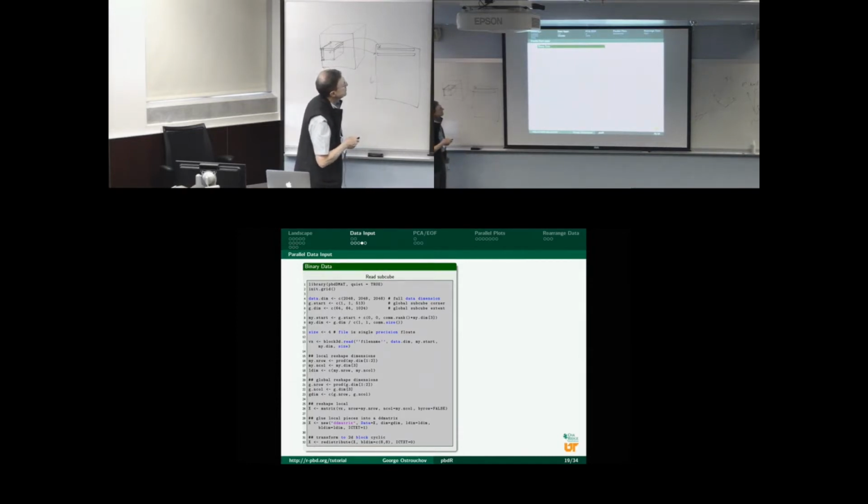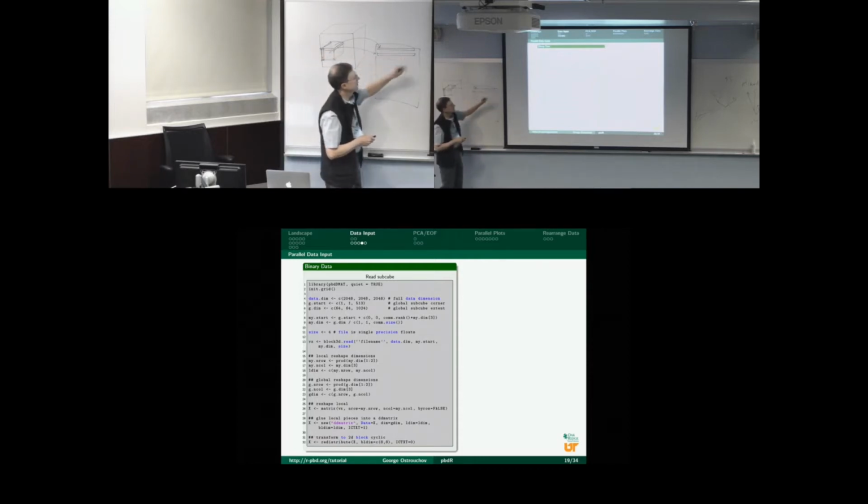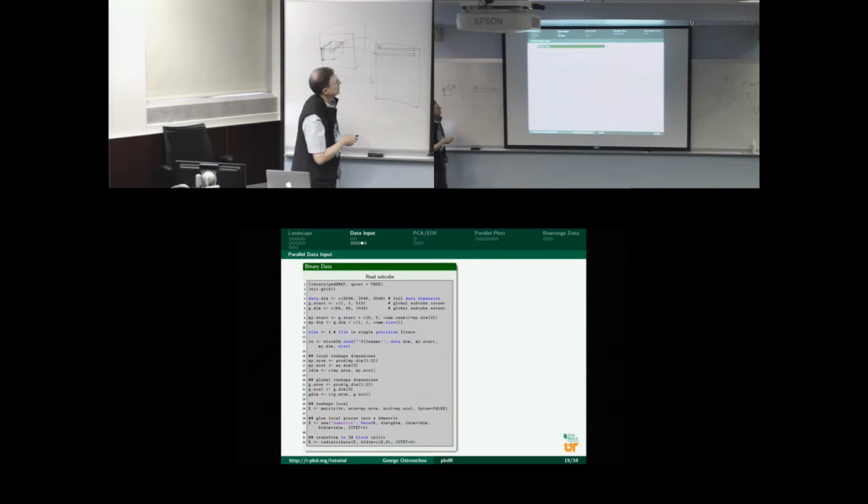So let's see, what do I do here? My rows are the product of these two dimensions, right? Actually, I take that back. I actually take the transpose of this in that code.